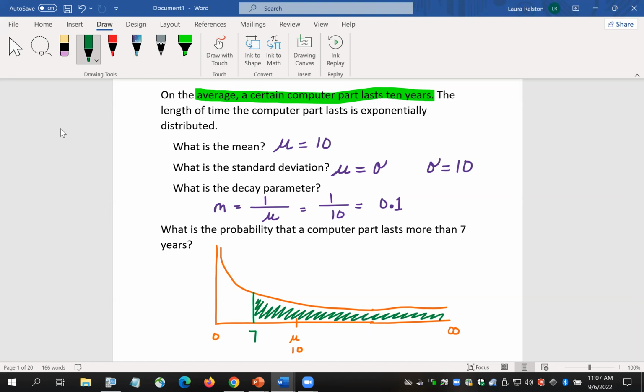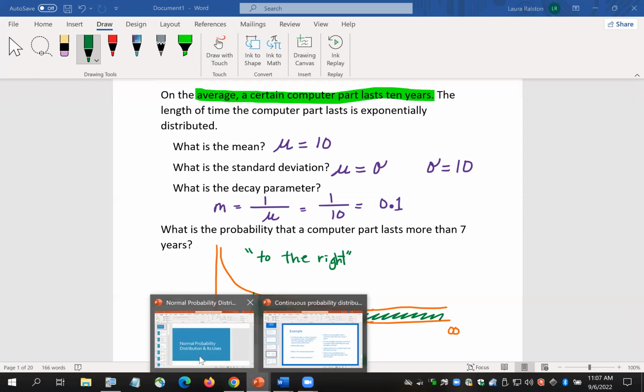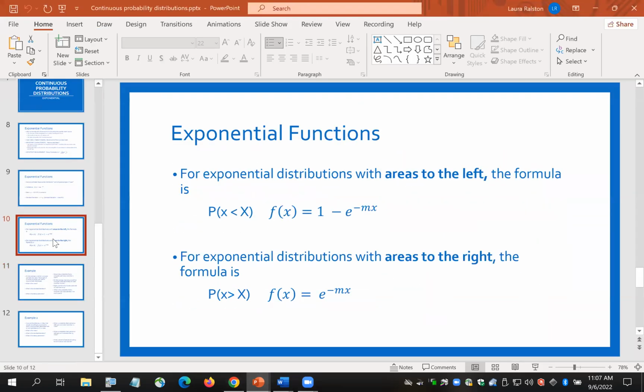The reason I drew this picture is because I want you to realize that this is to the right, which helps you identify the formula that you need to use. If you go back to the PowerPoint and look at those formulas, the formula for to the right is this one here: F of x equals e to the negative mx.